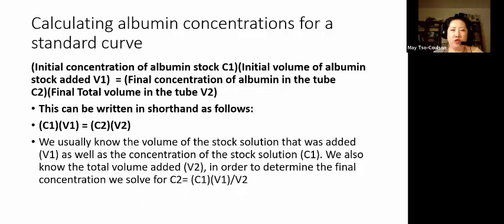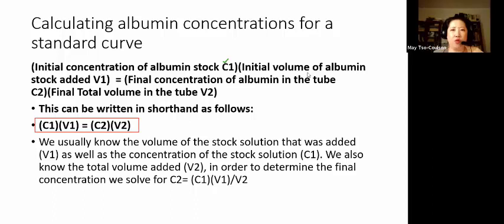So we calculate albumin concentrations for a standard curve knowing the formula that is given down here. And that formula is easily solvable because we first know the initial stock concentration of our albumin, which is represented by C1.